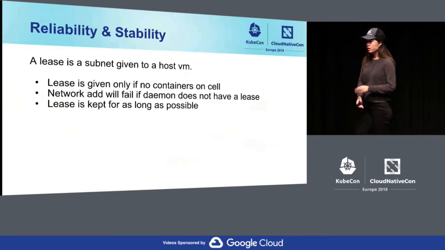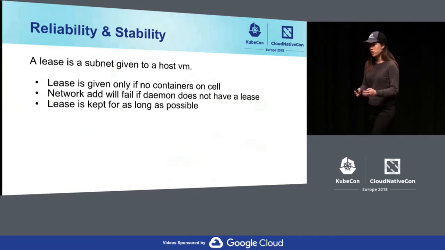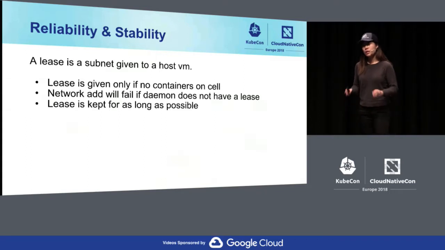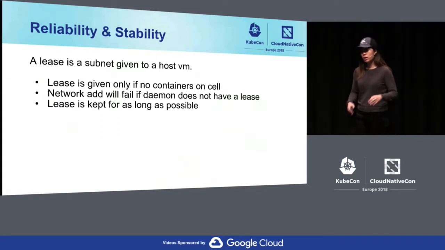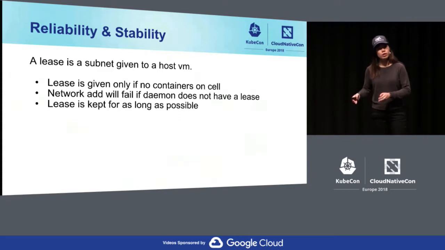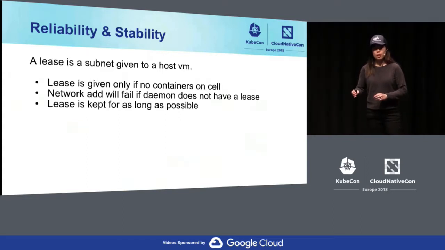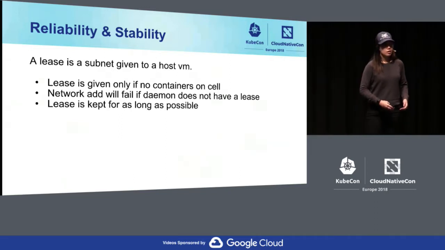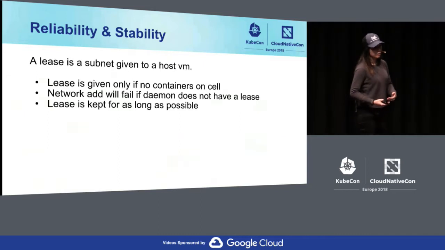Because let's consider that a host VM is partitioned from the control plane for a long period of time. The best case scenario would be when the partition is fixed, that the Silk daemon running on the host would be able to renew the same lease because it has containers running on it, so it can't get a brand new lease, and the containers would be connected again.